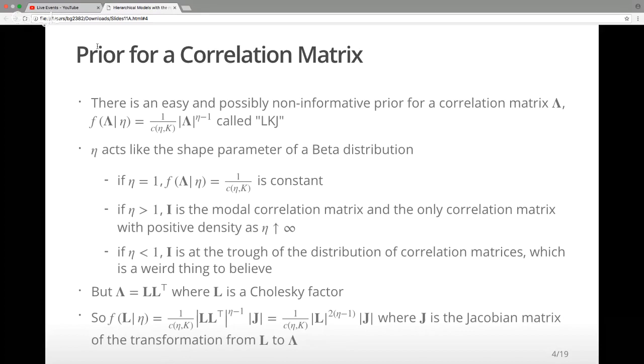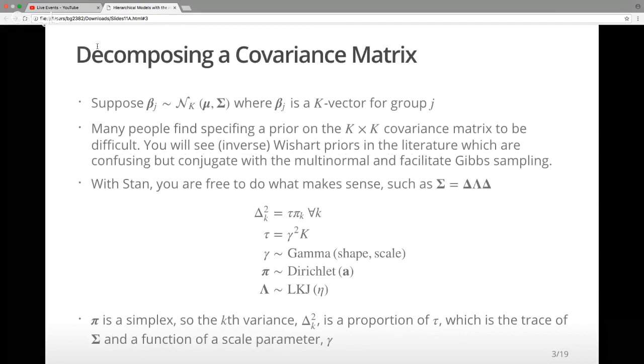So when we break things down into parts, it's easier to specify prior information in a reasonable fashion on those parts, particularly in these cases where our beliefs about the parts are basically independent of each other. If I tell you what the variances or the standard deviations or the total variance is, that doesn't really convey any information at all about the correlations.